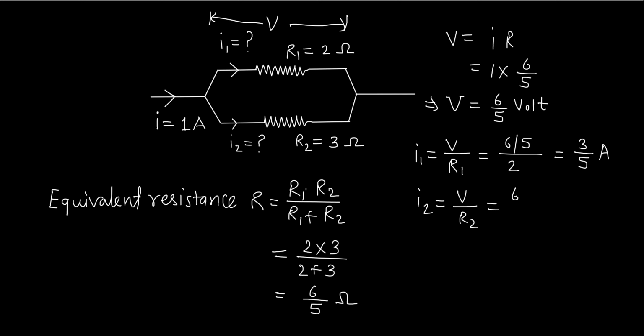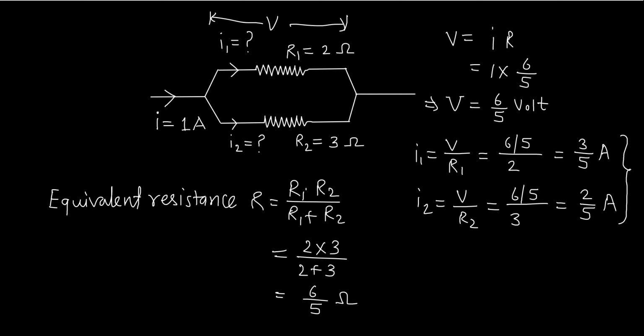So V upon R2 means 6 by 5 divided by R2, which is 3 ohm, so this will be 2 by 5 ampere. You can verify that the sum of these two currents must be equal to the total current that came to this circuit. So 3 by 5 plus 2 by 5 is 5 by 5, meaning 1 ampere current. That gets verified. So this was the elaborated way to solve this problem.